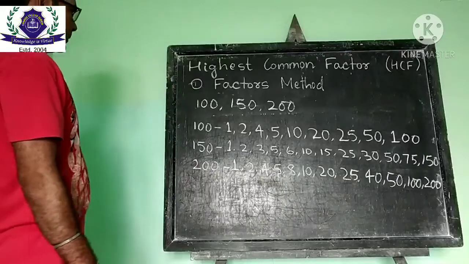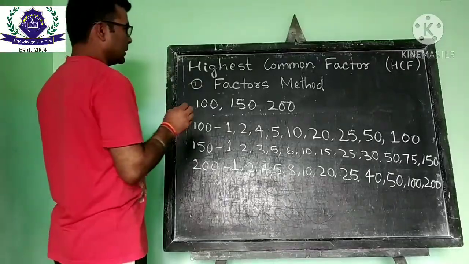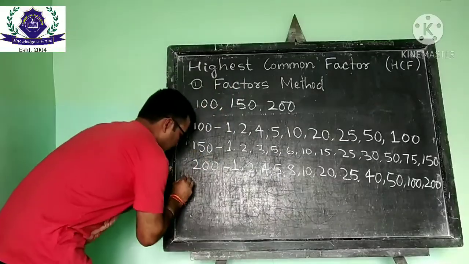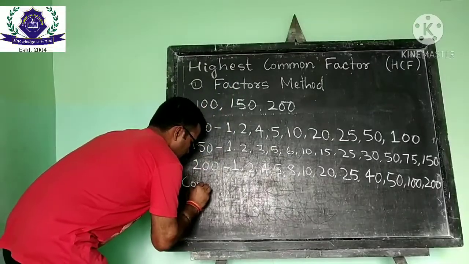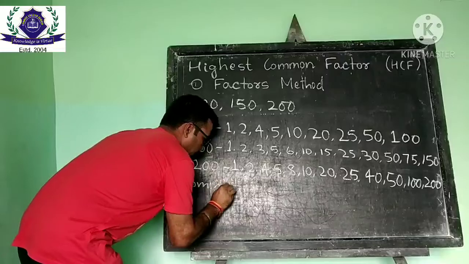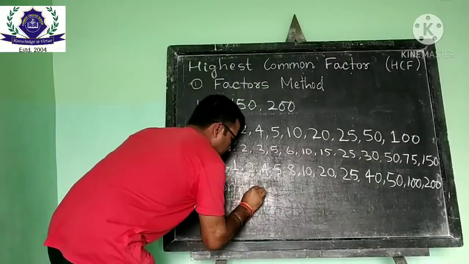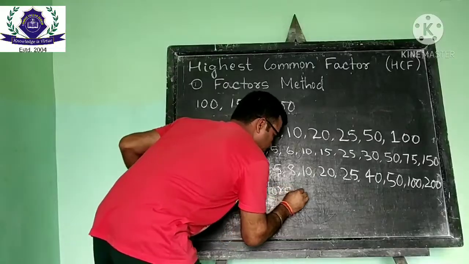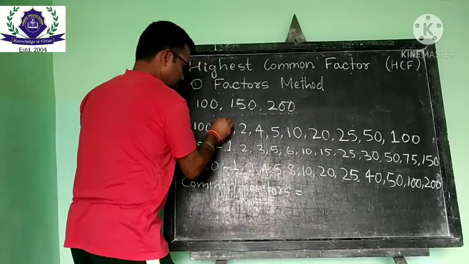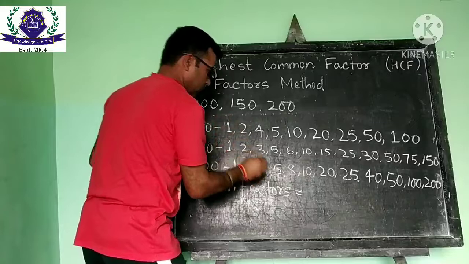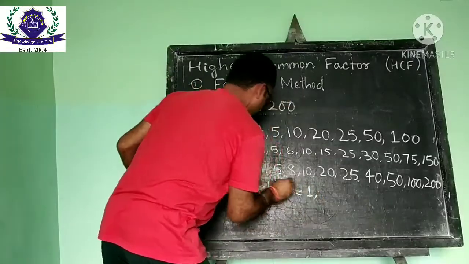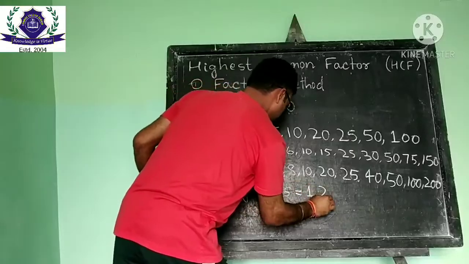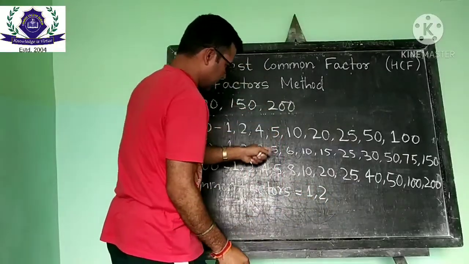In the factors method, we have to find the highest common factor. Let us see the common factors first. 1 is a common factor here. 2 is also common in all. Then 5 is common in all.